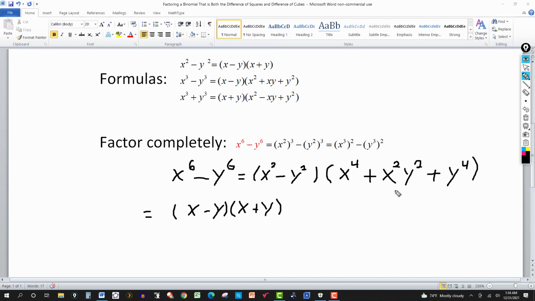Okay, now if I look at this one here, like I said, it appears that you can't factor it, but let me rewrite this as x to the fourth plus, and it would be nice if this were a 2 here, so I'm going to put a 2 there. 2x squared y squared.